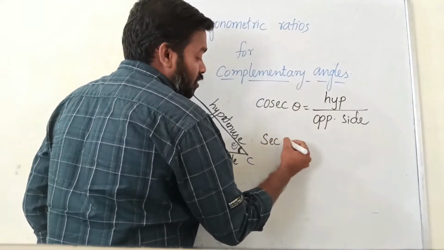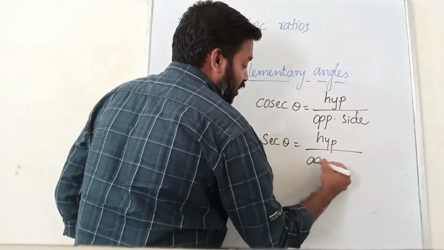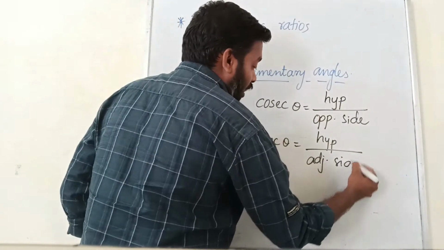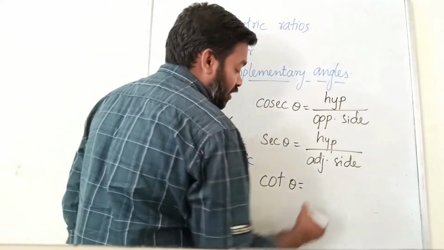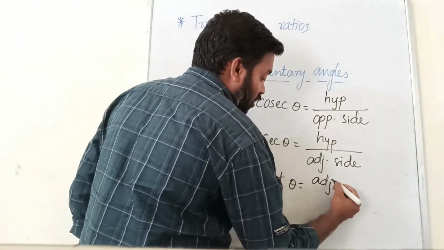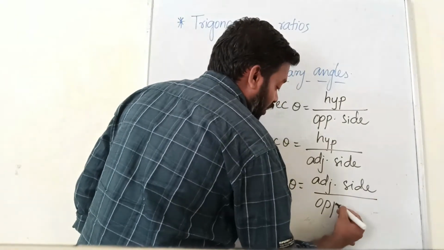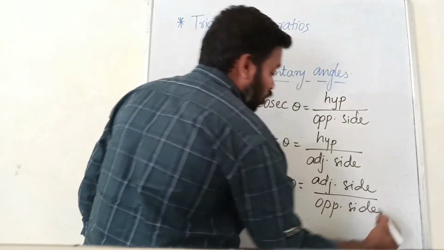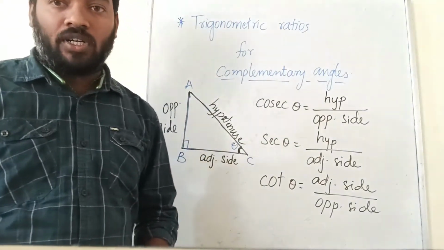Secant theta is hypotenuse by adjacent side to theta, and the last one is cot theta, which is the reciprocal of tan theta, that is adjacent side to theta by opposite side to theta. These are the 6 trigonometric ratios we discussed in the first class of trigonometry.